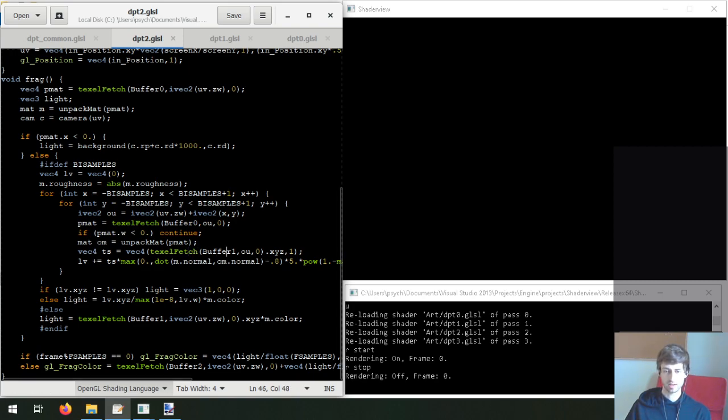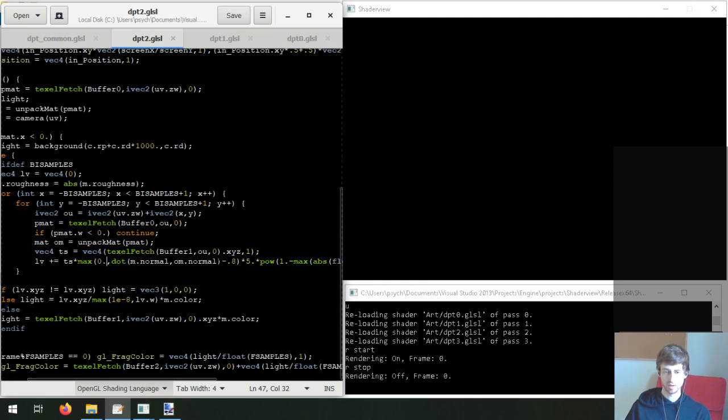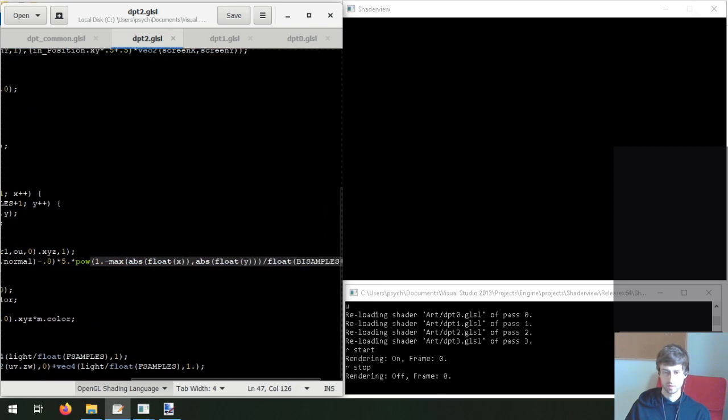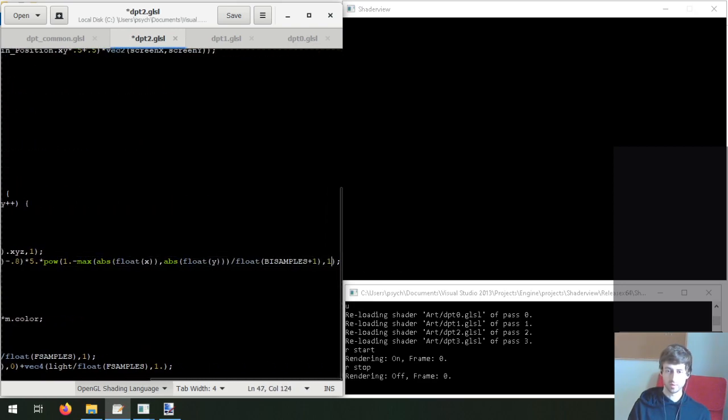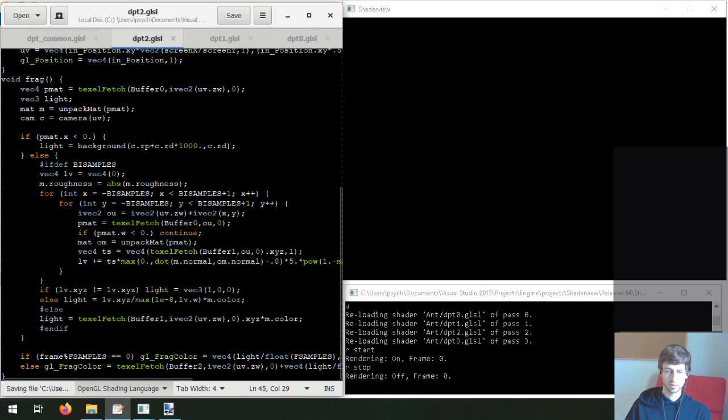If I had to guess, the normal values are wrong. But I still don't see why that should result in what it results in, or why it should result in light being not a number. Oh my god, I'm a fucking moron.